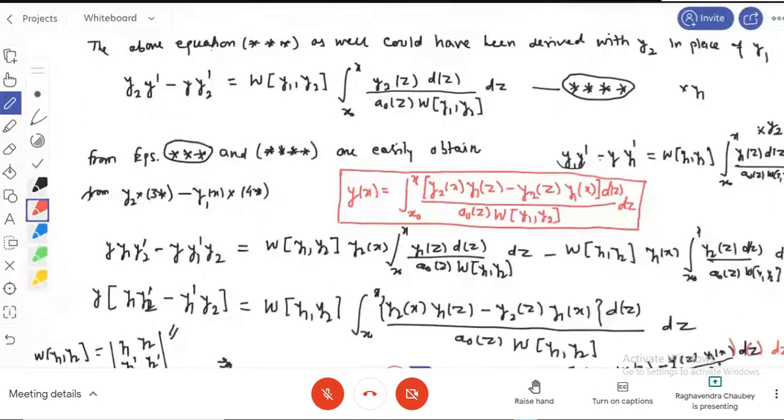Okay, so the next topic is the matrix exponential.